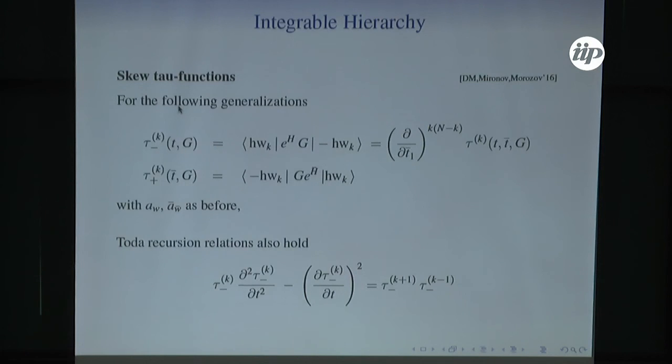But they do: the tau functions studied in these higher spin theories do have these nice properties, and they also satisfy this Toda-like recursion relation. So somehow it happens that in this theory, what is nice mathematically is also nice physically.